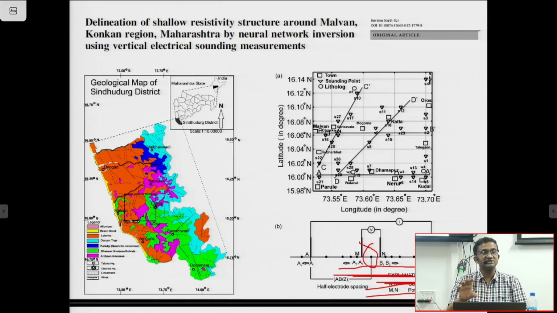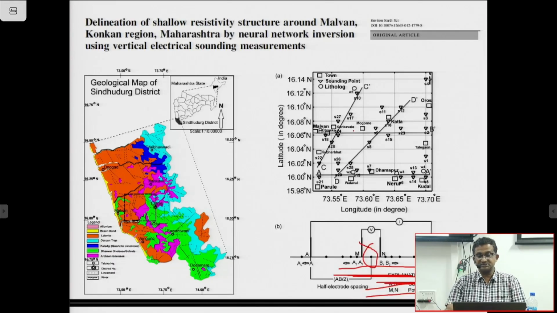Now we are considering this linear case, the inverse problem, where from the data we see what type of layers are required, how many layers are required to explain the observation. Then we iterate, and the iterative process will give some value which minimizes the difference between the observed rho A and the computed one.